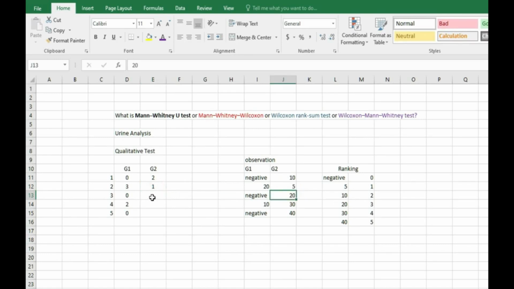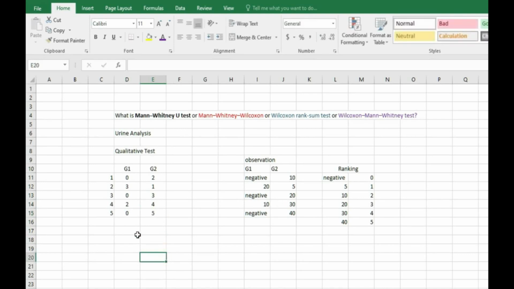Again 20, so we write 2 here. Accordingly, all the reading observations we write according to their ranking. Now we have completed both groups' readings as per ranking.